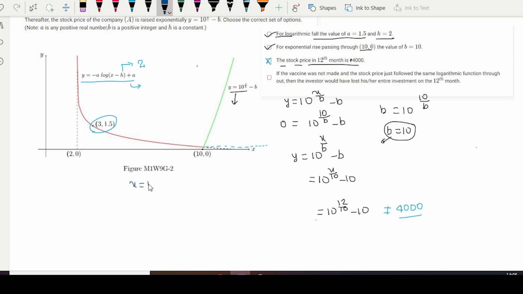Here x is equal to 12, so substituting the value in this equation, y will be equal to minus 3 by 2 log base 10 of 12 minus 2, which gives 10, plus a, that is 3 by 2. So it will give minus 3 by 2 plus 3 by 2, which is equal to 0, so this option is correct.